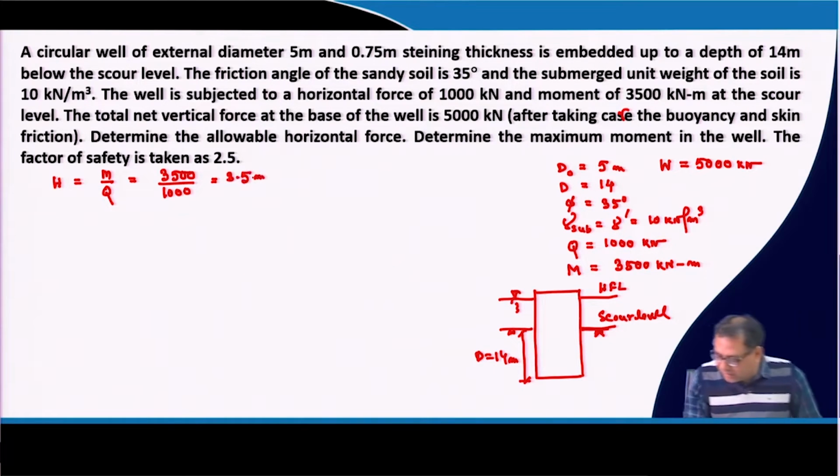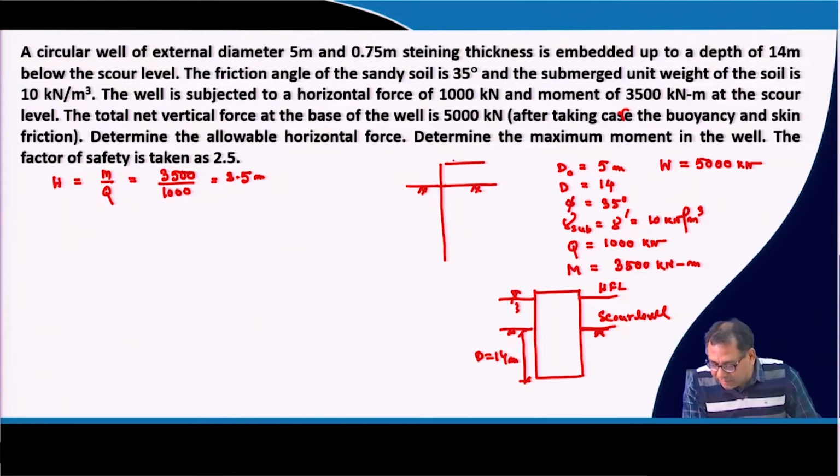Now, suppose this is the well and this is the scour level. Initially the horizontal force was applied here. Now we are applying this 1000 kilonewton at an h value of 3.5.